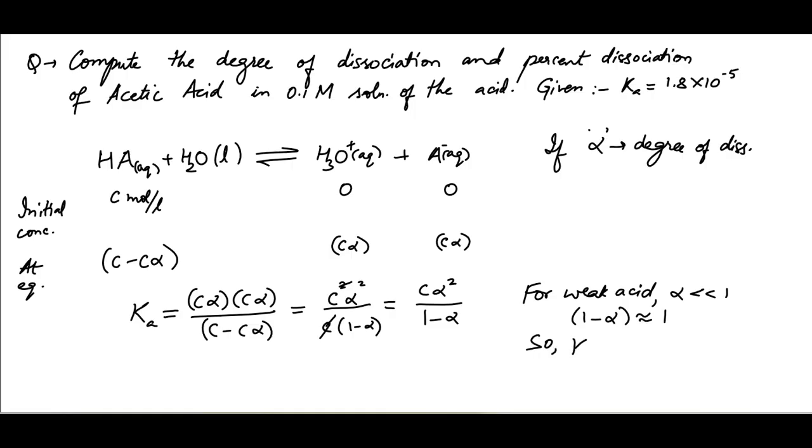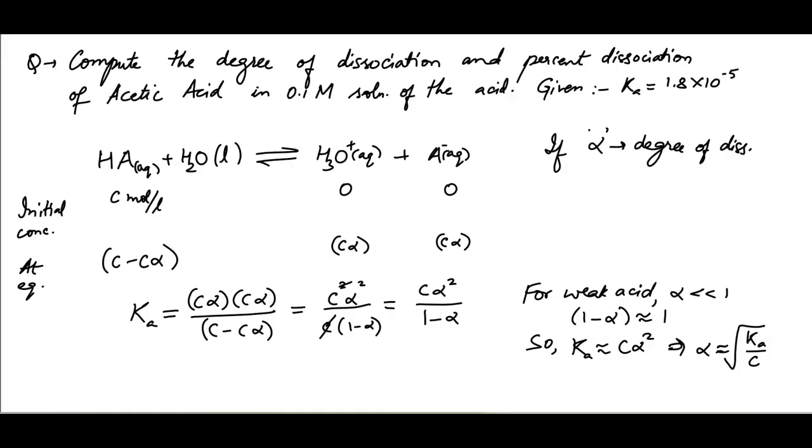So Ka can be approximately said as C alpha square, and therefore we can write alpha as approximately the square root of Ka divided by C.